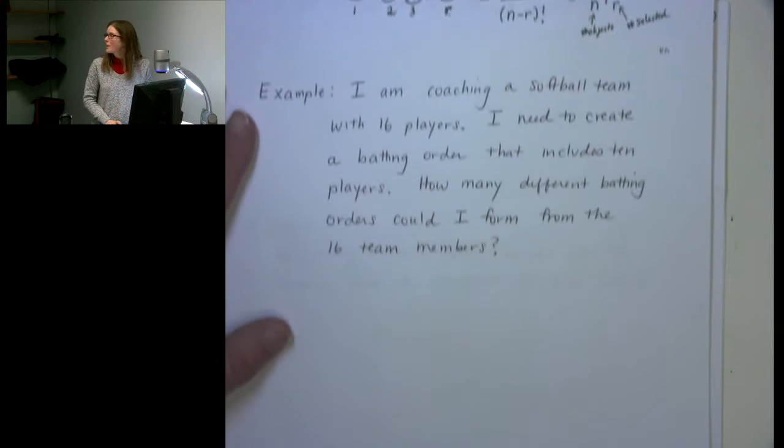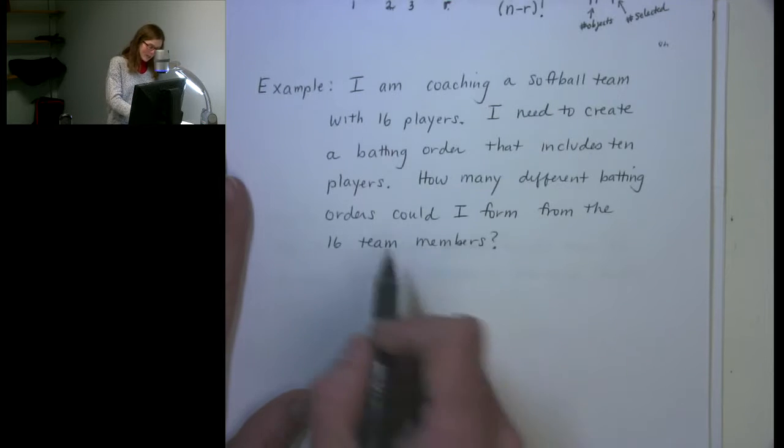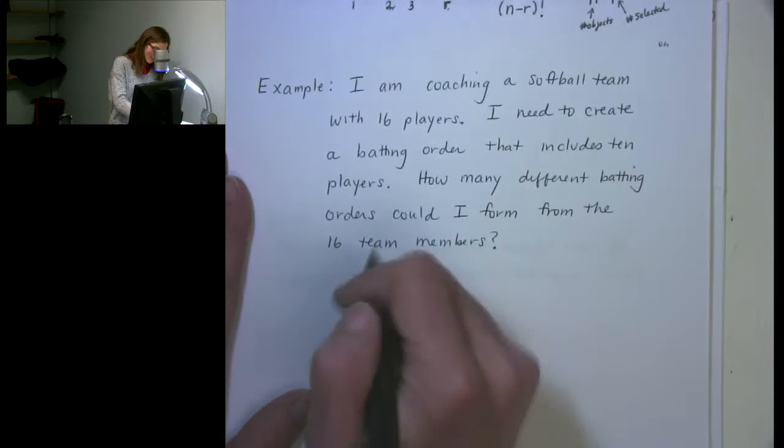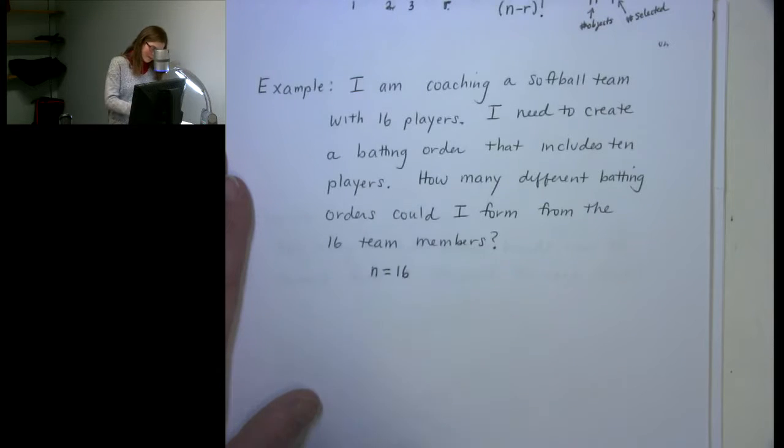So I'll do another quick example. I'm coaching a softball team with 16 players, and I need to create a batting order that includes 10 players. So if I want to think about how many different batting orders could I form from the 16 team members. So here, the objects are the team members. So I've got n equals 16.